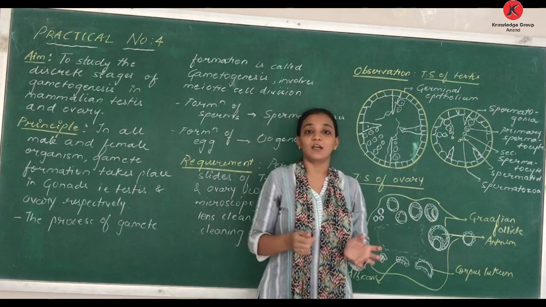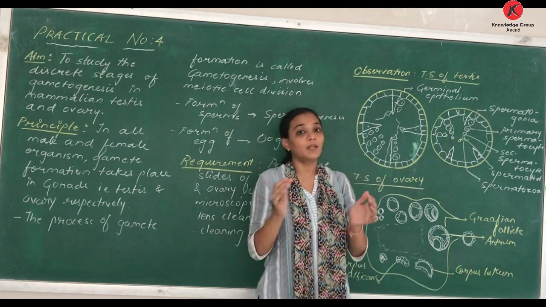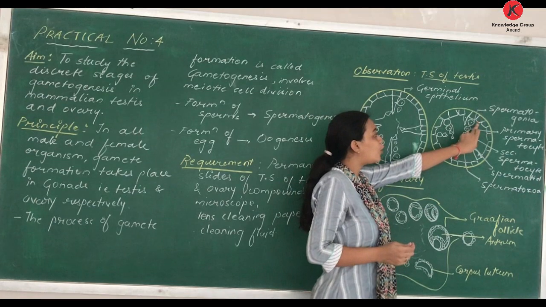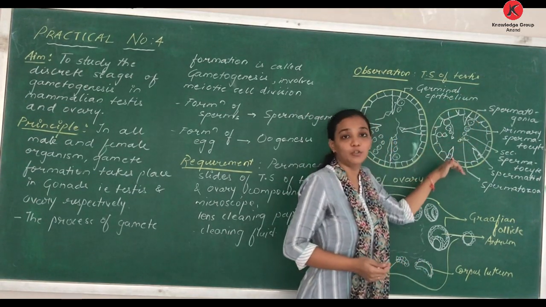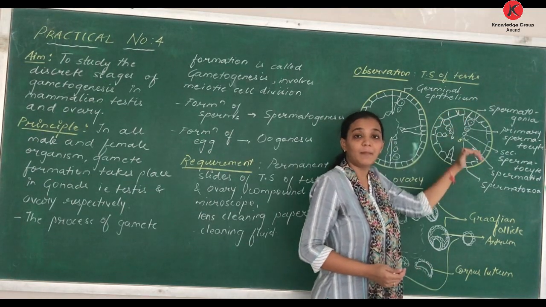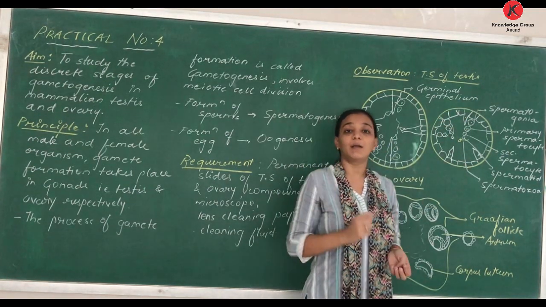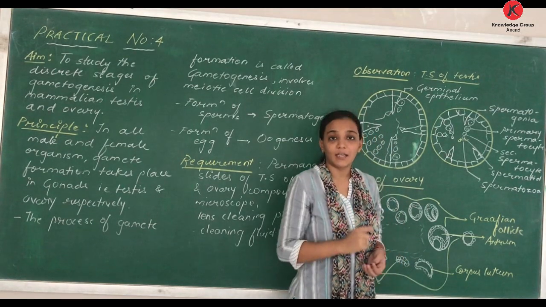So the outermost layer will be of germ cells. Just below the germ cells, you will be able to observe different cells beginning from the periphery to the lumen. Periphery से लेके lumen तक आते आते अलग-अलग developmental stages में cells देखने को मिलेंगे.